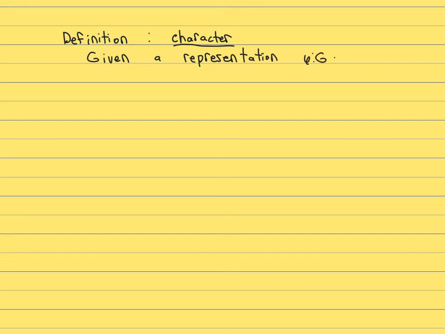of a group into a group of matrices. So here we actually do want a fixed basis. So we actually do have matrices. You can define a function called its character.